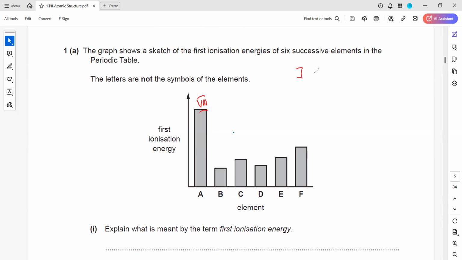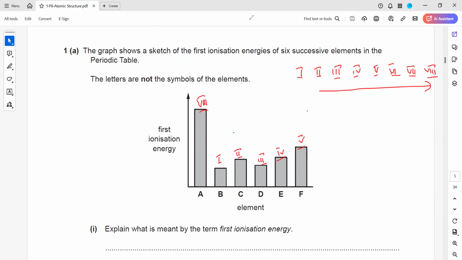We have group 1, then group 2, group 3, group 4, group 5, group 6, group 7, and then group 8. Once we have group 8, again we'll have a group 1 element. So this will be group 1, this group 2, group 3, group 4, and then group 5.